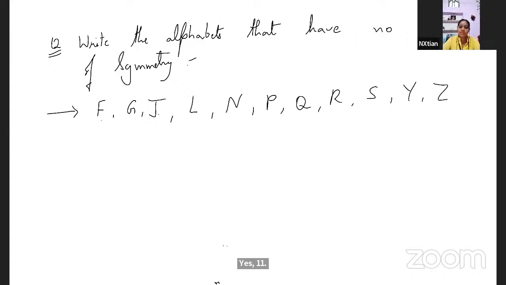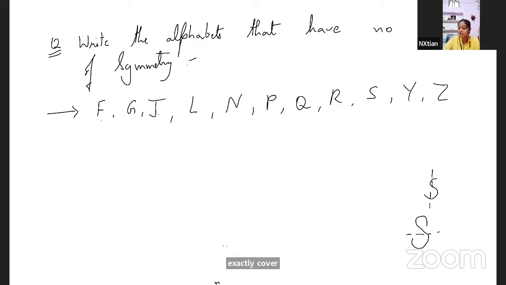Yes, Abraham. How does S not have a line of symmetry? Even if I do it vertically, it will not exactly cover the surface.